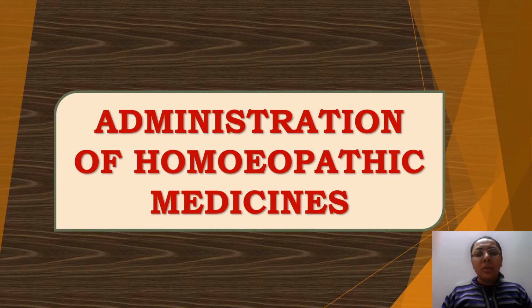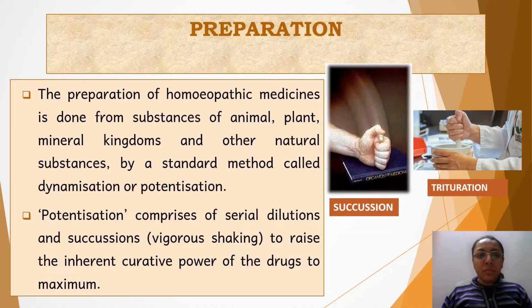Now we talk about administration of homeopathic medicines. As we know briefly, the preparation of homeopathic medicines is done from substances of animal, plant and mineral kingdoms and other natural substances. This is done through the process of dynamization or potentization.